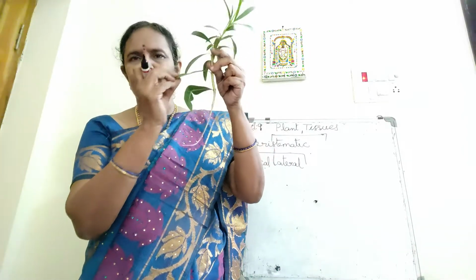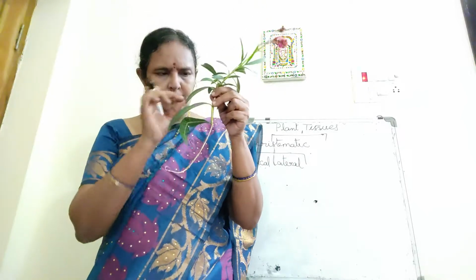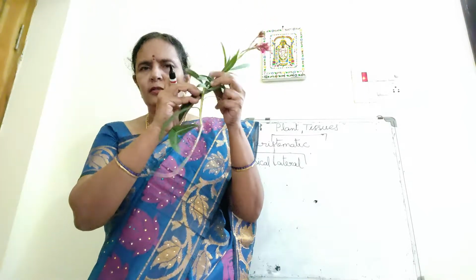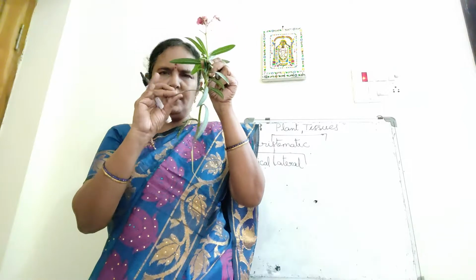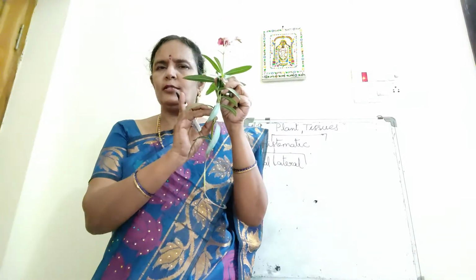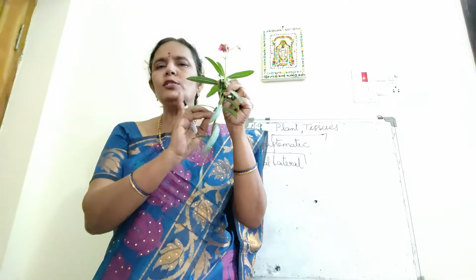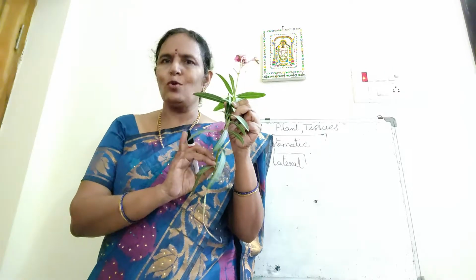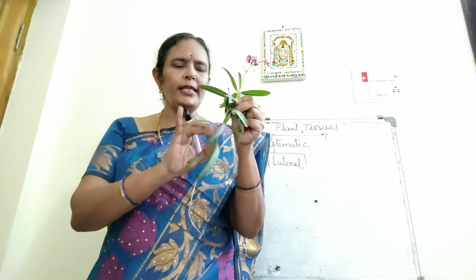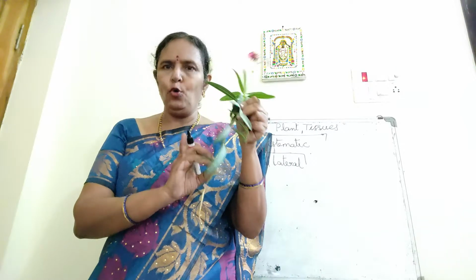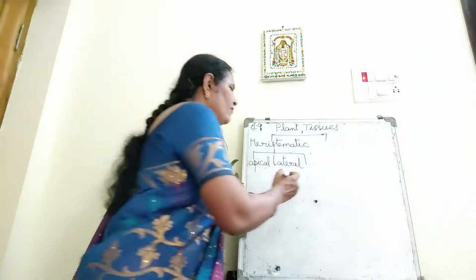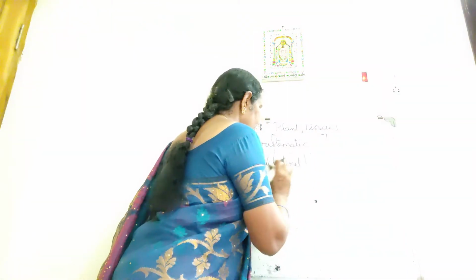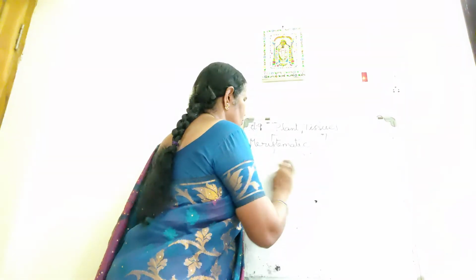From here the leaves arise. This is also a node. From the nodes only, the leaves and branches grow on the stem. So in the nodes, there is a type of meristematic tissue, that is intercalary meristematic tissue.